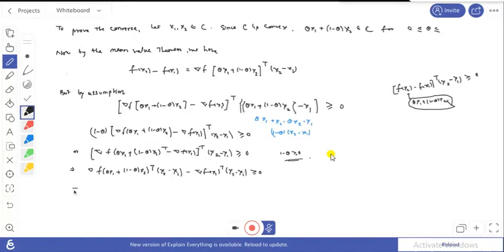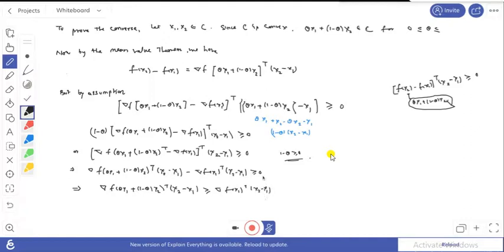Or you can write this gradient of f at theta x1 plus 1 minus theta x2, transpose, x2 minus x1, this term is greater than or equal to gradient of f at x1, transpose, x2 minus x1.